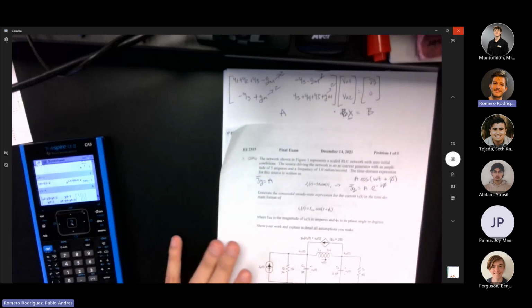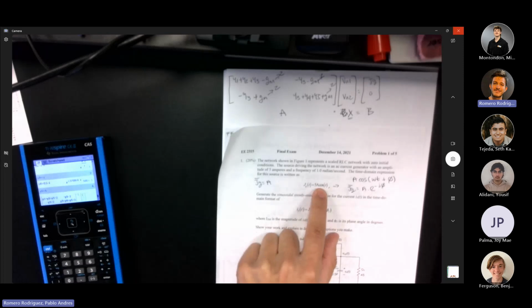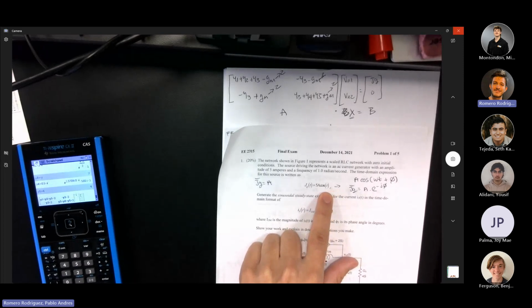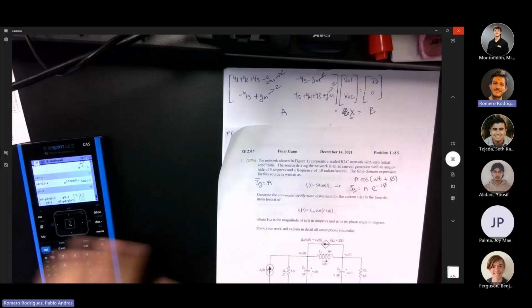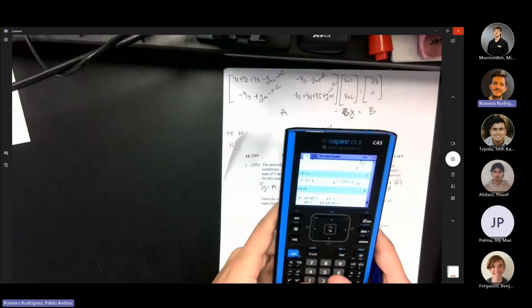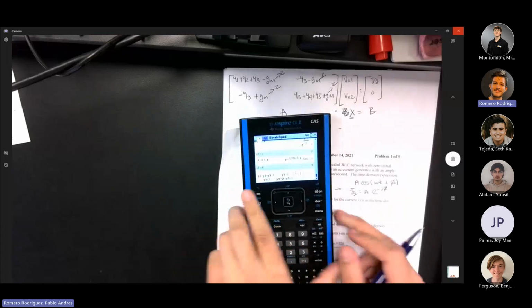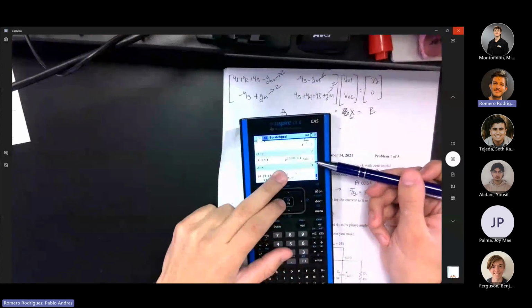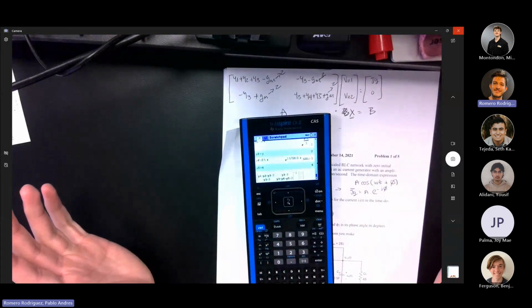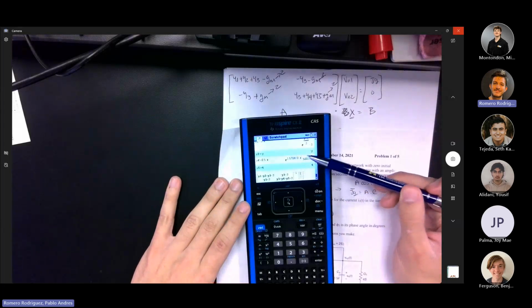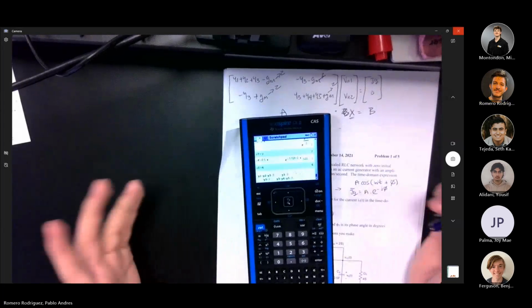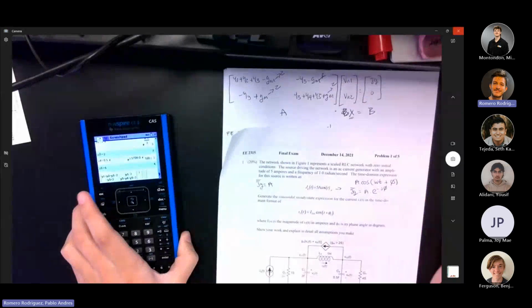But if you had a sine or a phase added to it, make sure you put in this representation. The calculator will take this, so you don't have to change it. It would be something like A e to the negative j something, or positive j something if the phase is negative.